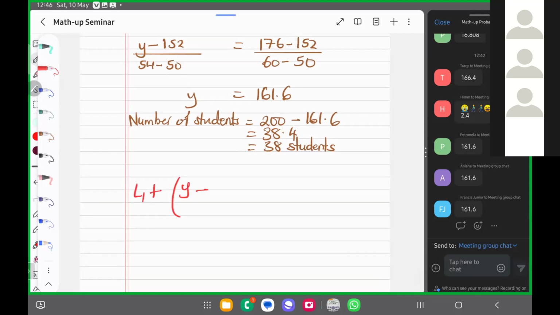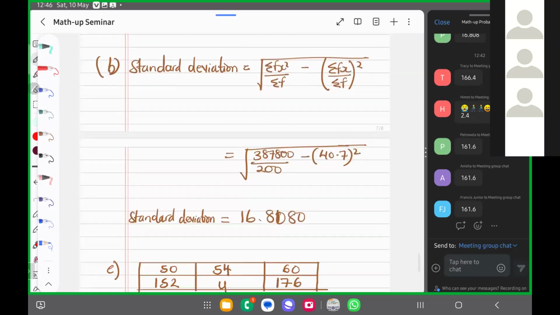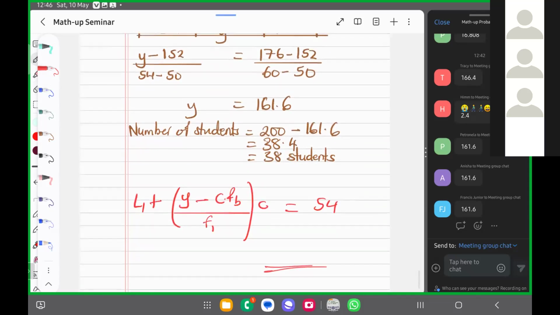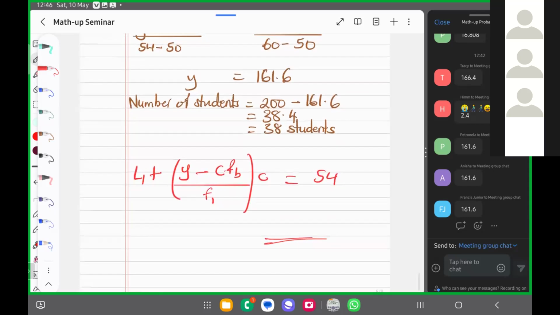Y minus the cumulative frequency before that class, over our F1, then times C, being equal to our 54. So once you do that, you get a certain value. Then you take 200 minus that value. But I find linear interpolation easier. Yeah, so that is it for that question, and I think it was our very last one.